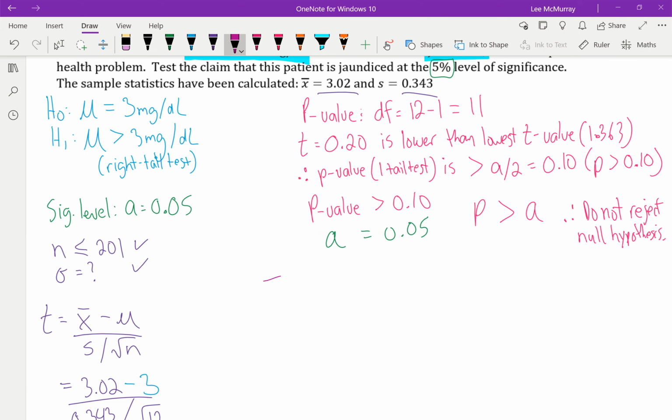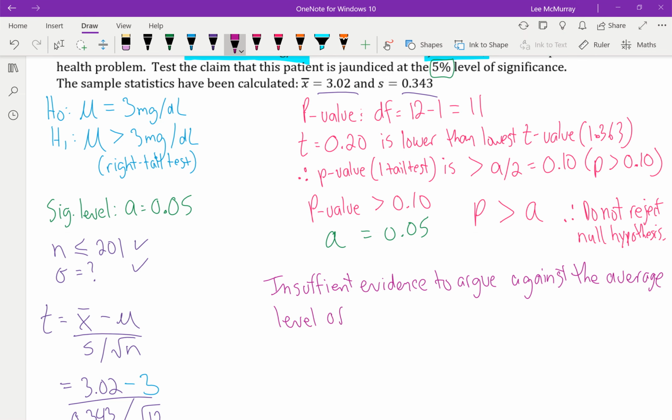So as a summary statement, there's insufficient evidence to argue against the average level of bilirubin being 3 milligrams per deciliter. I can't spell it, can't say it.